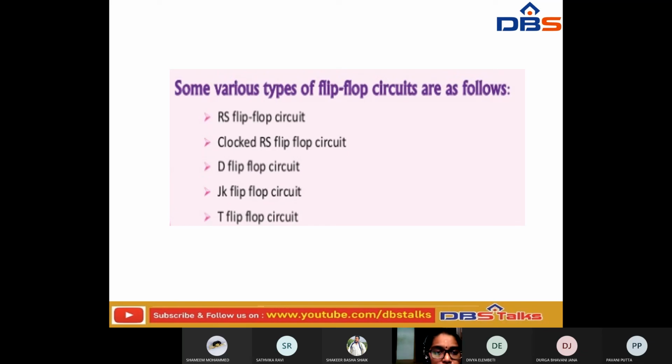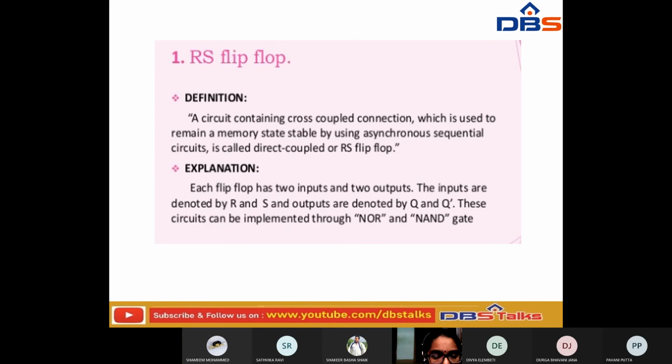And next, this is the RS flip-flop. A circuit containing a cross-coupled connection, which is used to keep a memory state stable by using an asynchronous sequential circuit, is called a direct coupled or RS flip-flop. This is the definition of the RS flip-flop.